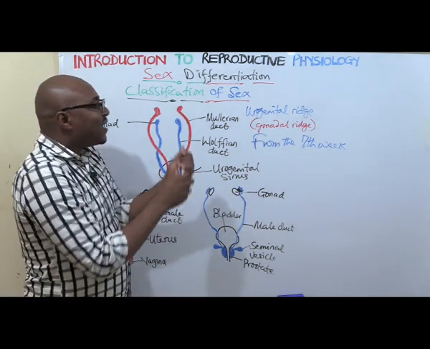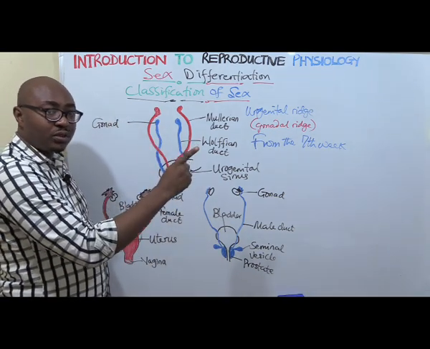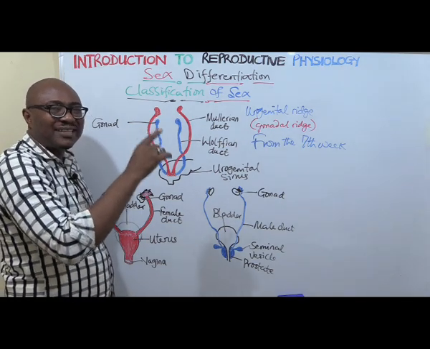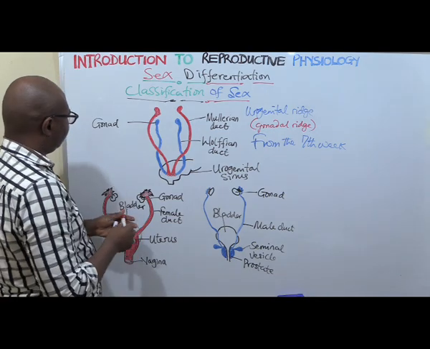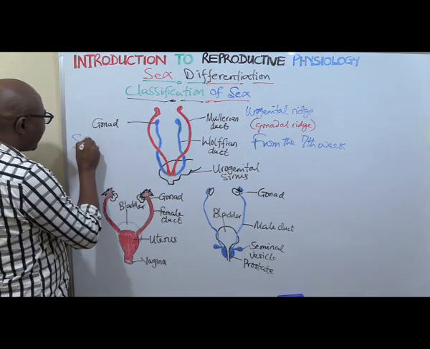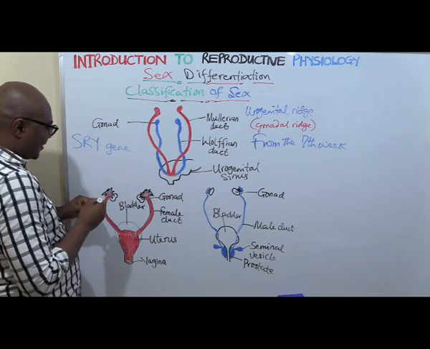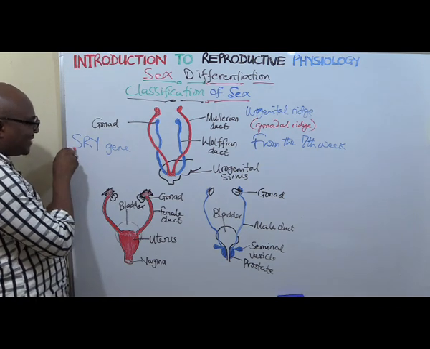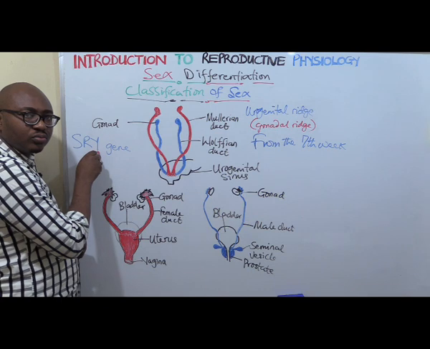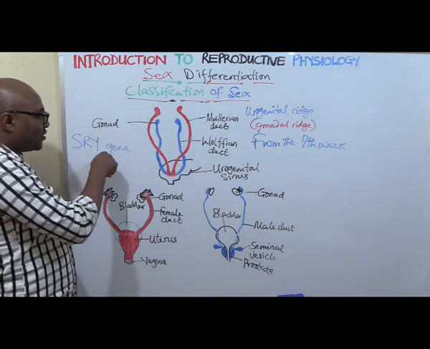So there is a portion of the Y chromosome that has a gene known as the SRY gene. Let me write it here: S-R-Y, SRY gene. This SRY means sex determining region of Y chromosome. You understand? There is a sex determining region.